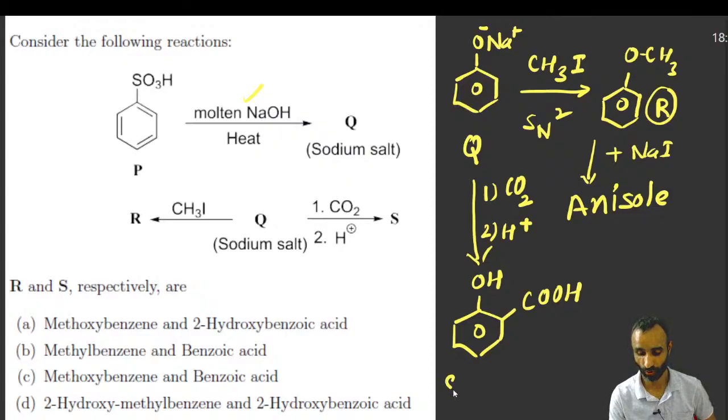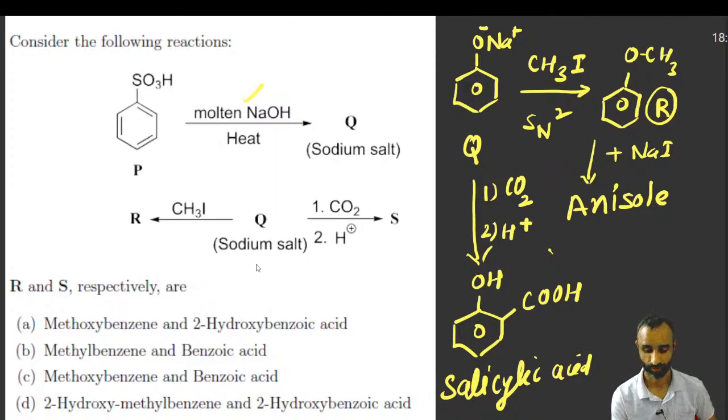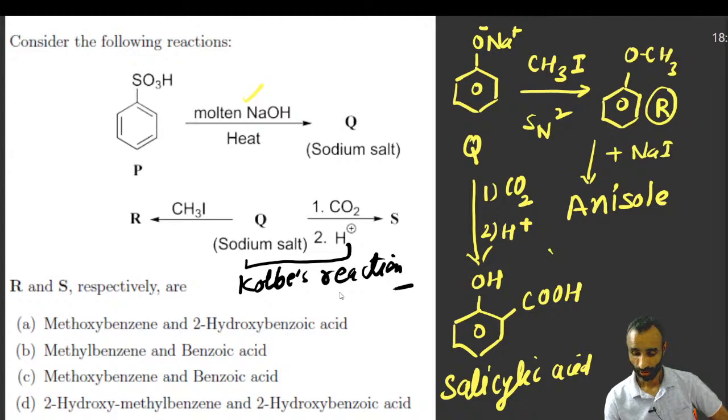What is the name of this product? Salicylic acid. And this is the Kolbe reaction. So R, and this one is S. So R is methoxybenzene.